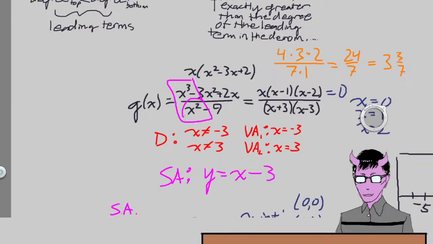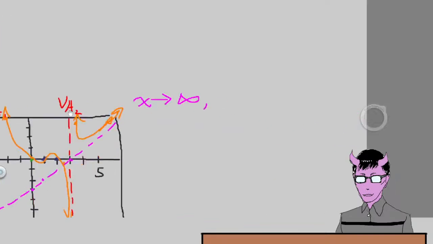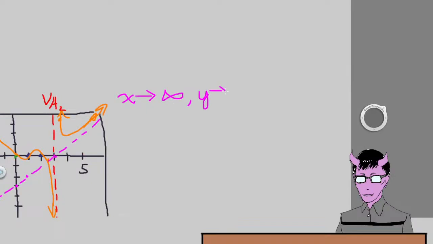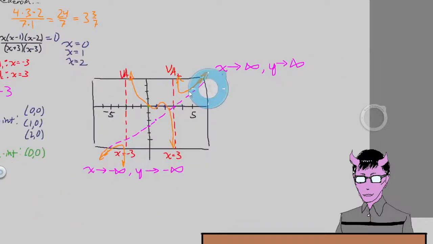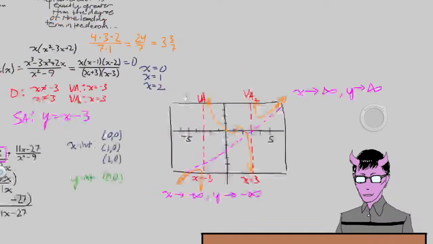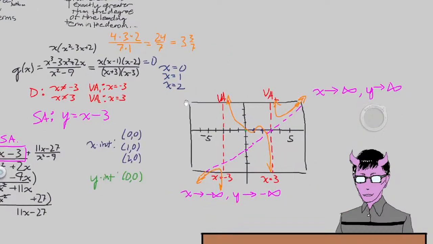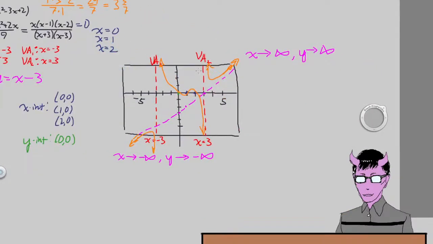This one outpaces this one, so we can simplify this to just x over 1. When you plug in a huge positive number, it becomes a huge positive number. So the y value approaches a huge positive number. This one makes sense. So that is how we graph this situation, and we are done with that one.